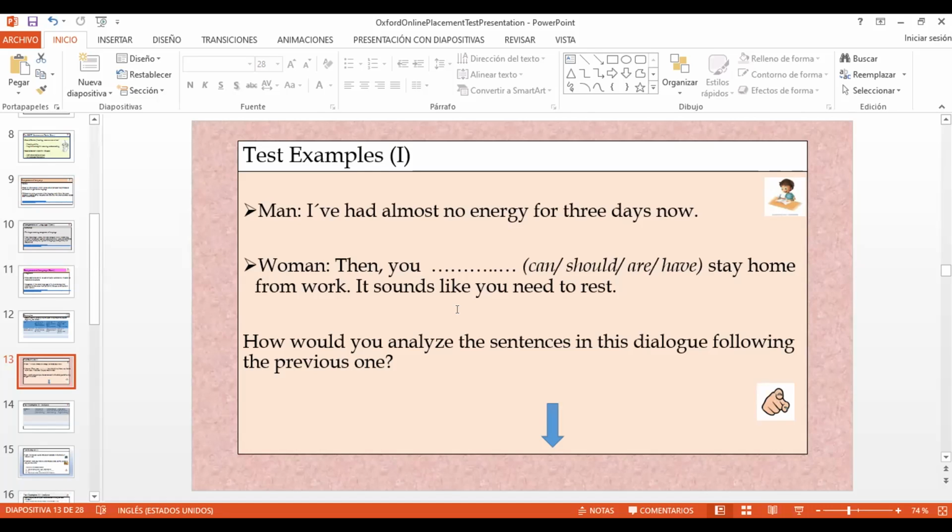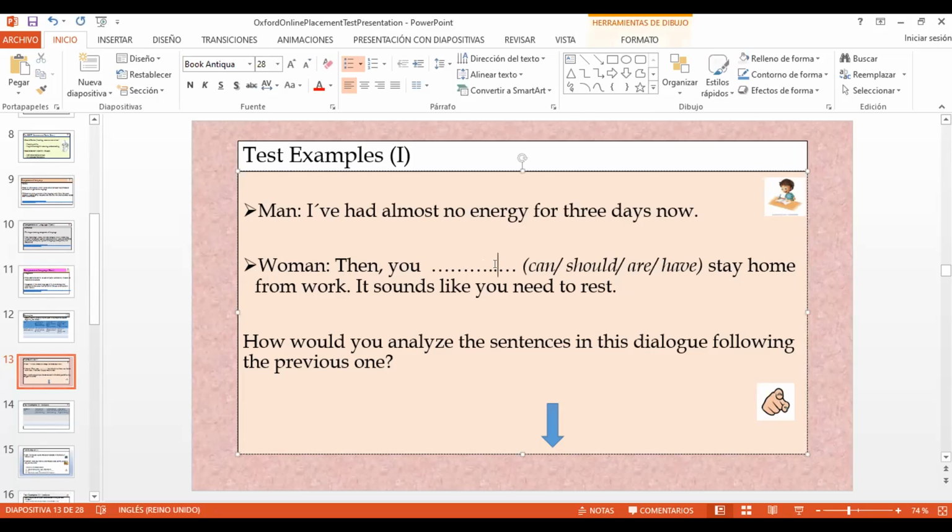Any ideas? Which is the correct verb here? Come on, you know this. The words in the brackets, we have to choose one, or we have to make like a sentence with them.